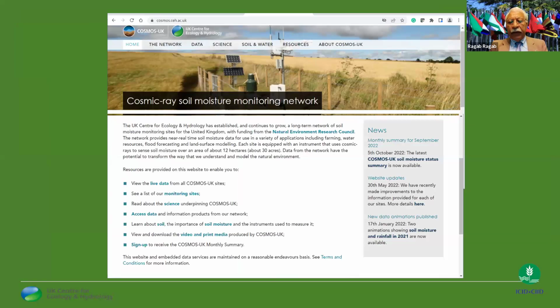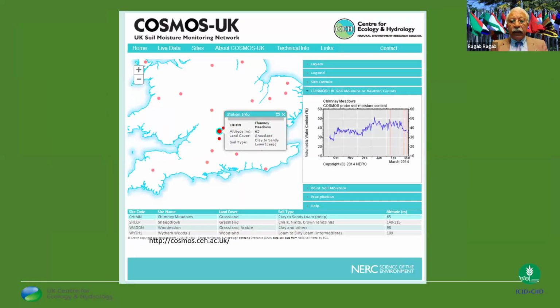There is a website for all the data from Cosmos measurements that goes in live, in real time. You can look at a location and see the soil moisture of that location in real time.